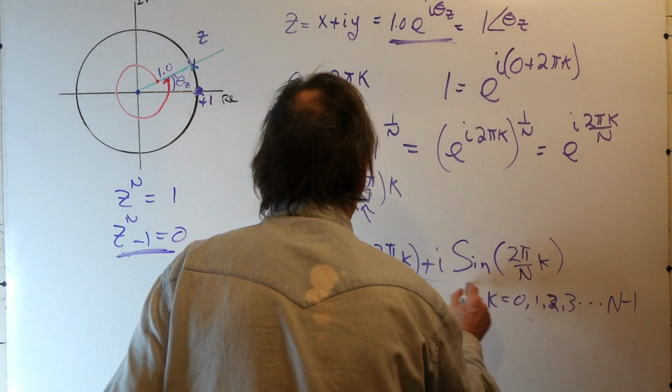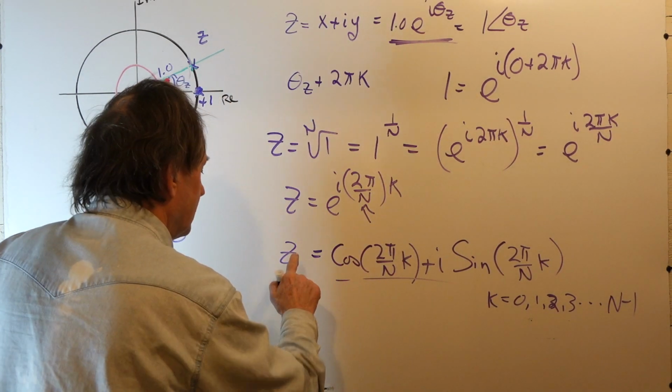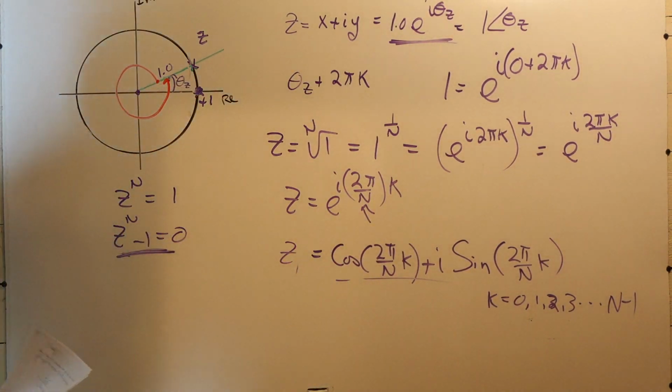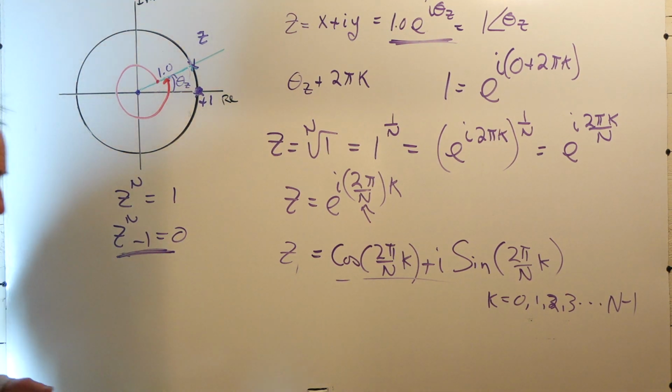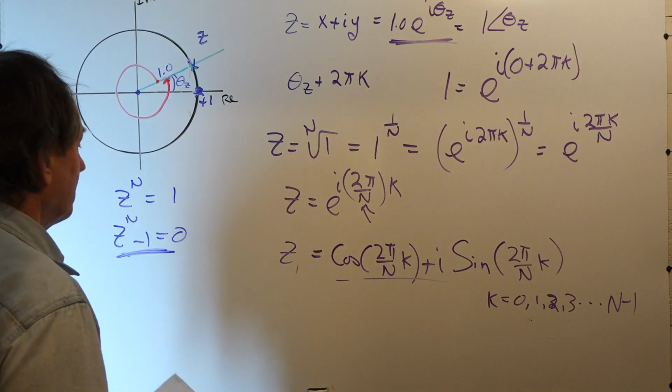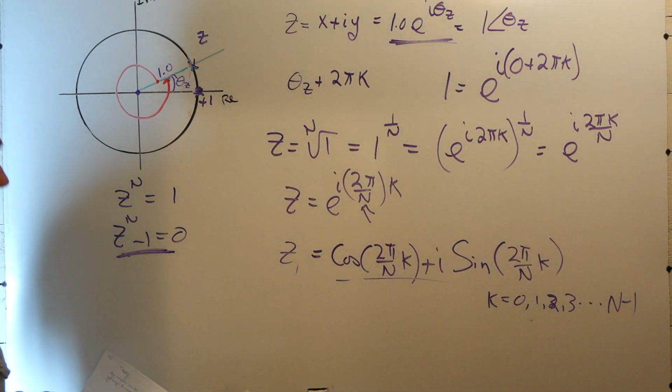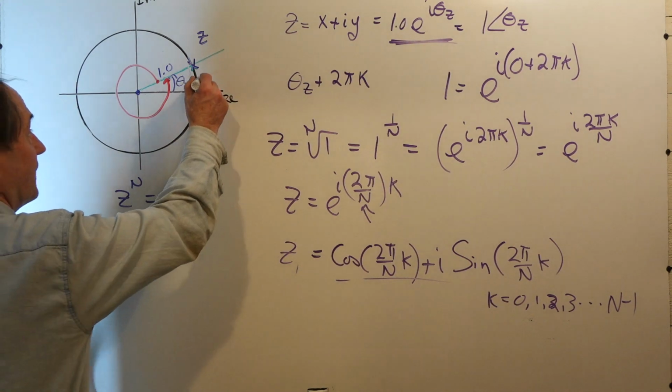So that gives us all the roots of unity. We get n unique roots as we increment k from 0 to n minus 1. And we're always guaranteed to have one real root at plus 1.